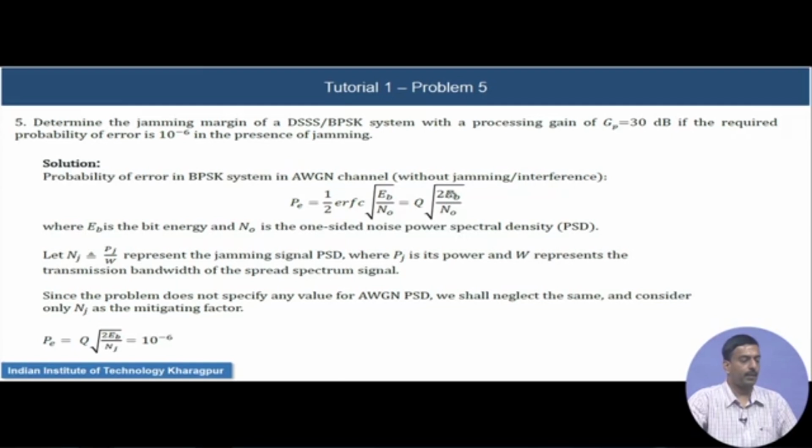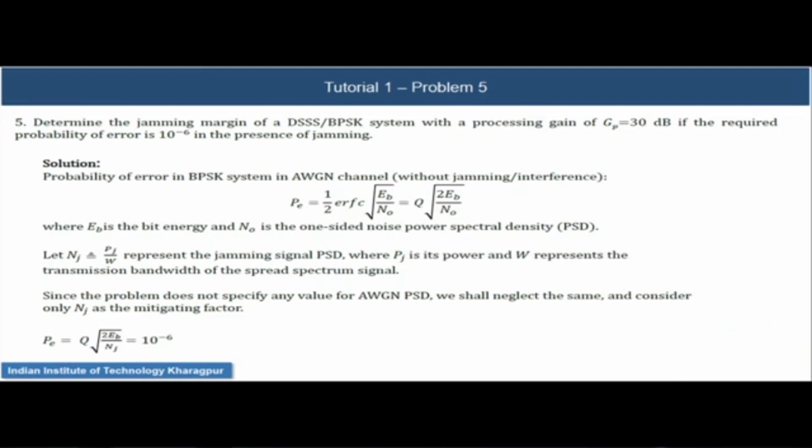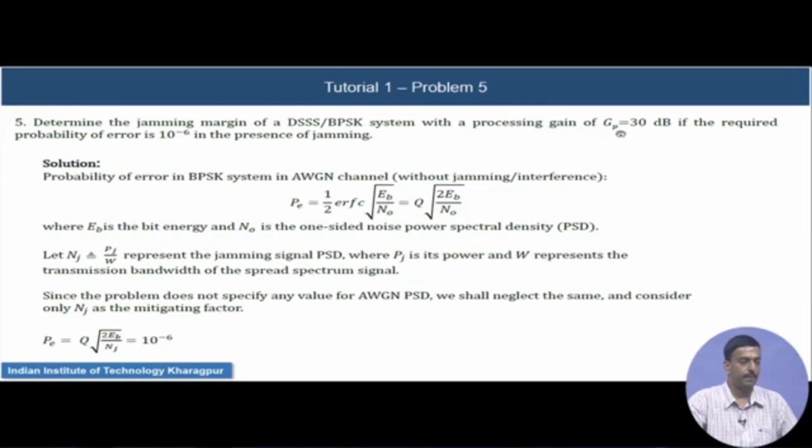Finally, we have problem number 5, where we need to find the jamming margin of a direct sequence BPSK system, and we have a processing gain of 30 dB, which is specified, and a probability of error of 10^-6 is required in order to make the system communication effective.